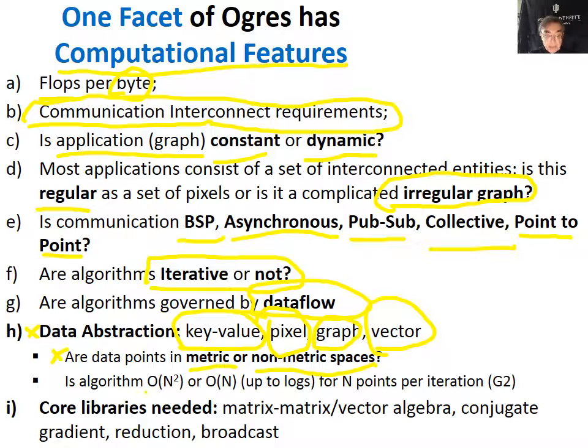I already pointed out the order n squared algorithms are very important. Other algorithms are order n, and where we have m points per iteration, that's a very important point. And then we need libraries. Like a lot of problems, you need the linear algebra libraries, conjugate gradient, full matrix, reduction libraries, broadcast libraries. That's all very important.